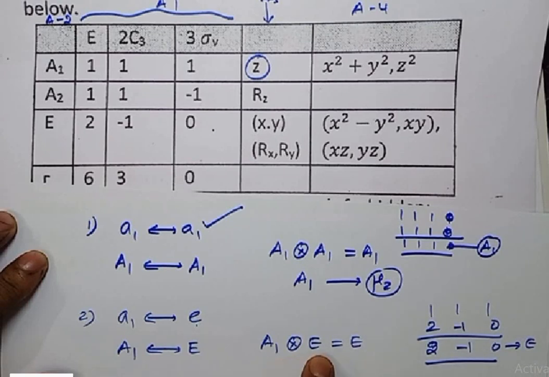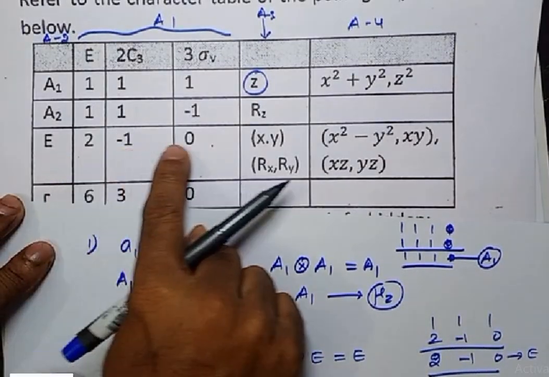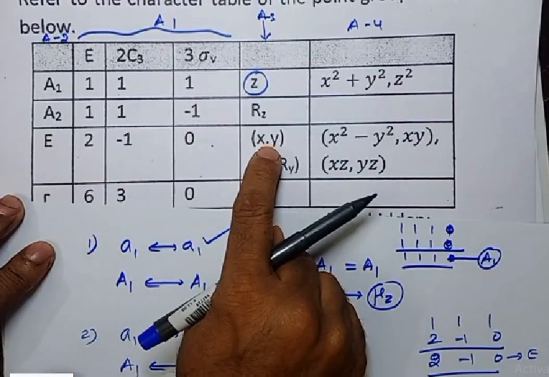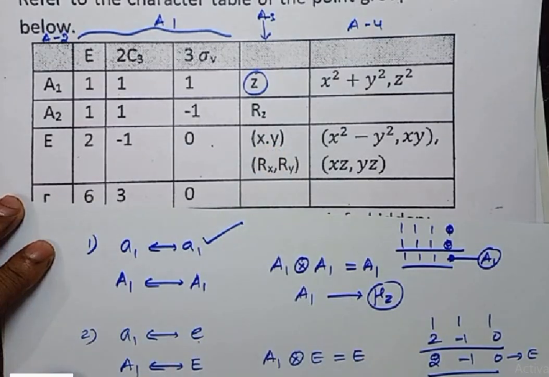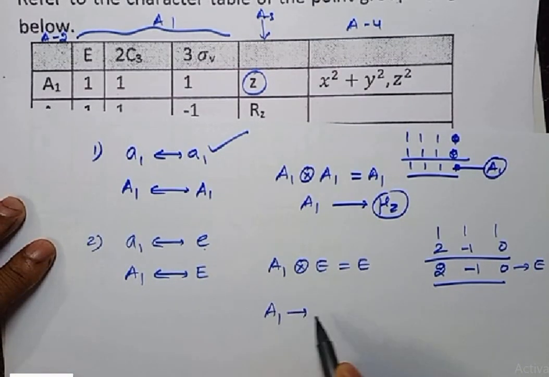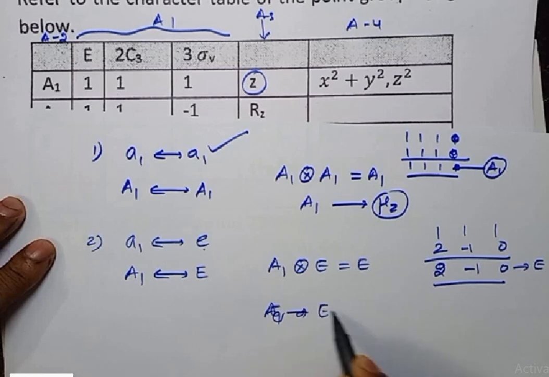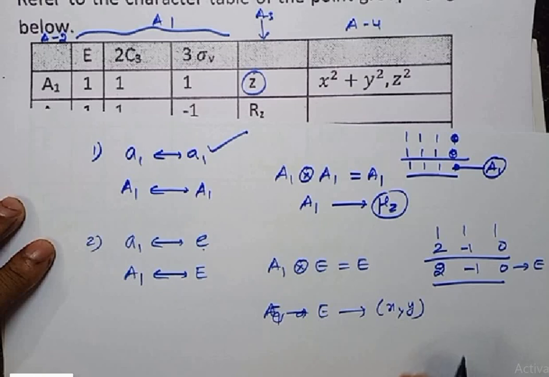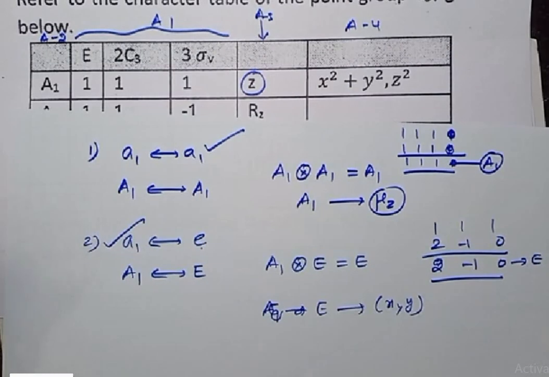So, A1 into E is E. Now, along E, you see area 3. In area 3, I have X as well as Y. So, along E, I have X as well as Y. Therefore, this transition is also allowed. Take down.